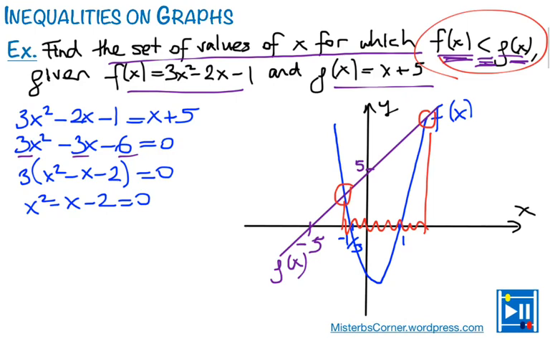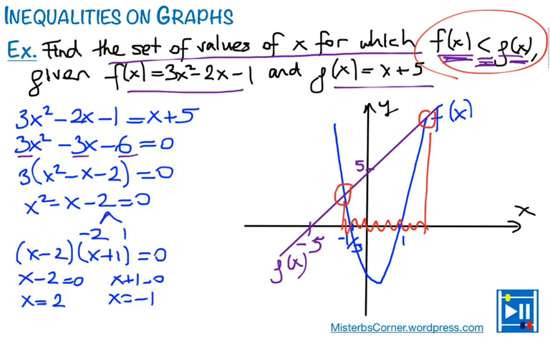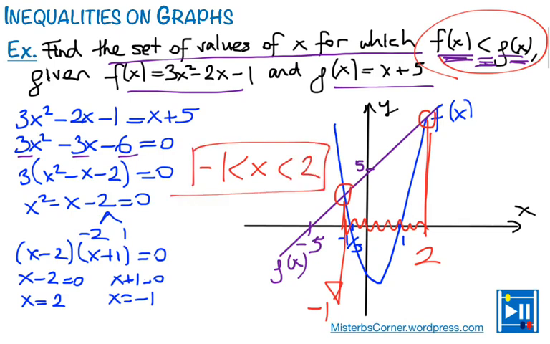When I solve this, I have x equals negative 1 and x equals 2. Two solutions to this. So this is negative 1, the x value, and this is 2. So I should be writing the solution as negative 1 less than x, less than 2. So this will be the solution to this question.